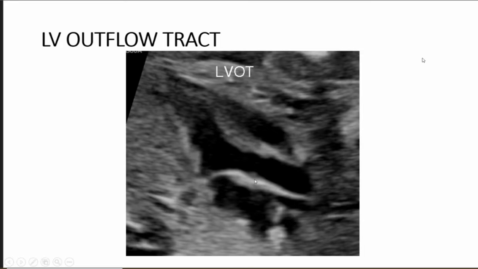This is the posterior wall of the aorta. The interventricular septum should seamlessly continue with the anterior wall of the aorta in a collinear fashion. If there is any interruption in this collinear continuity, then there is a VSD in the membranous septum.